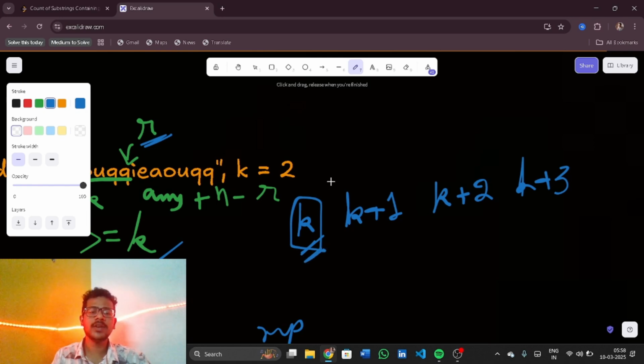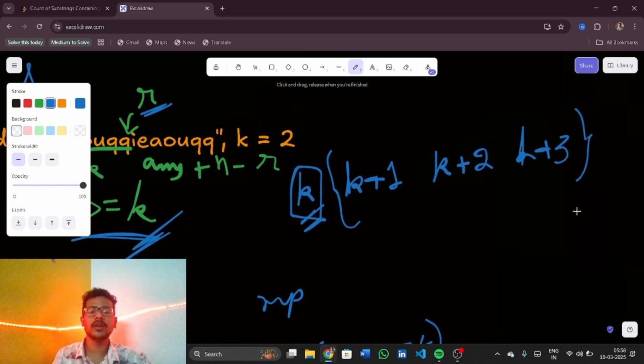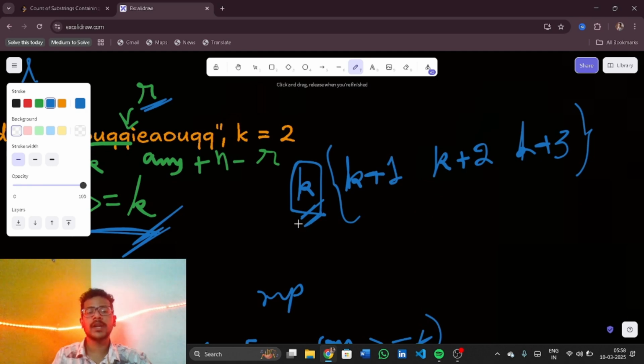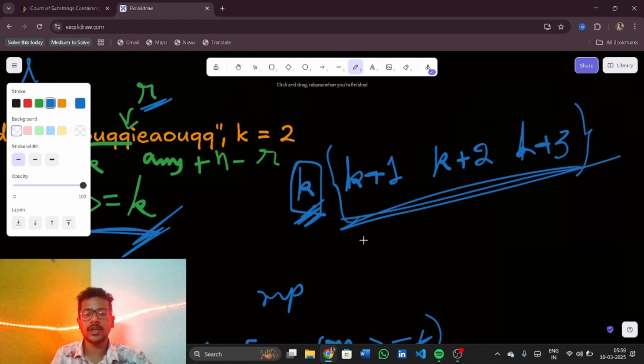So, why shouldn't I remove all these K plus 1, K plus 2, K plus 3? It would be easier for me. Now, for K or greater than K, I got K plus 1, K plus 2, K plus 3, and so on. Now, I need to remove all of this. What do I need to remove?